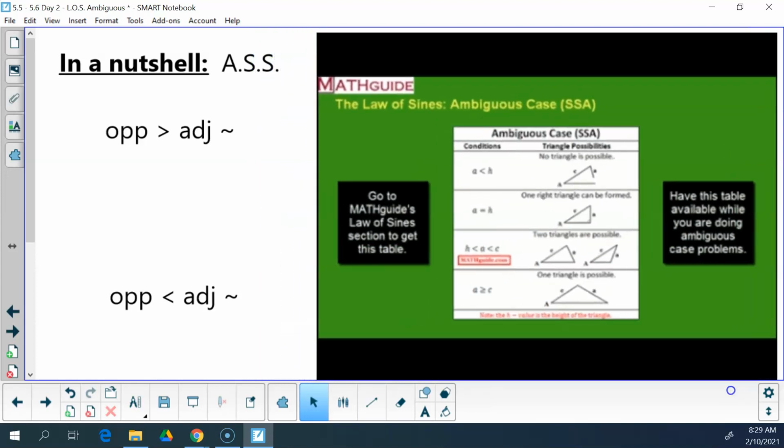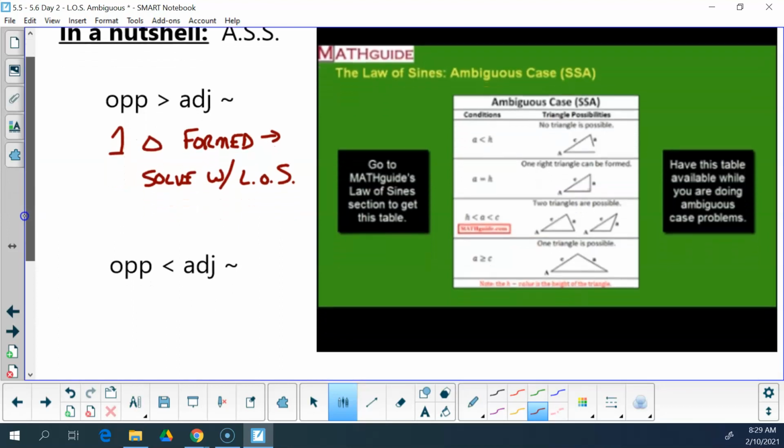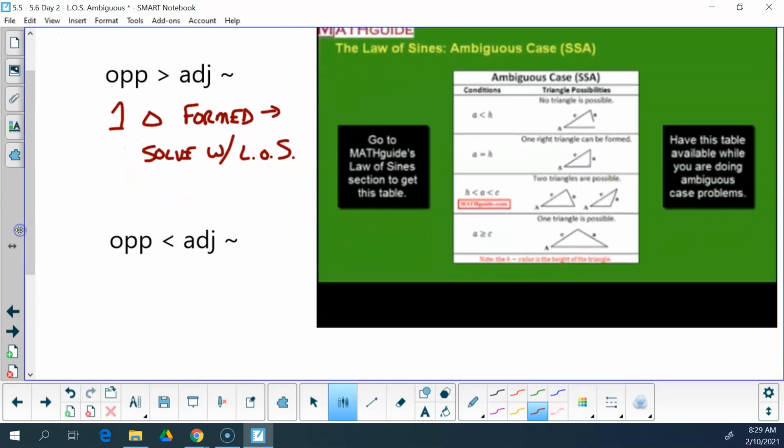So if the opposite is bigger than the adjacent side, we are always in a 1 triangle case. We're going to solve it with the law of sines.